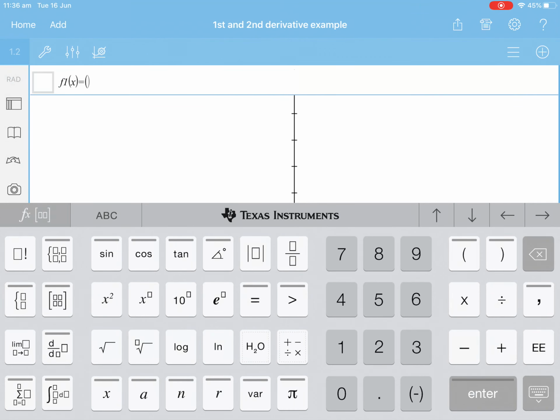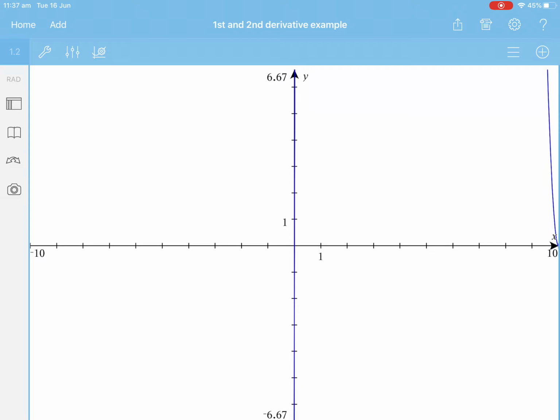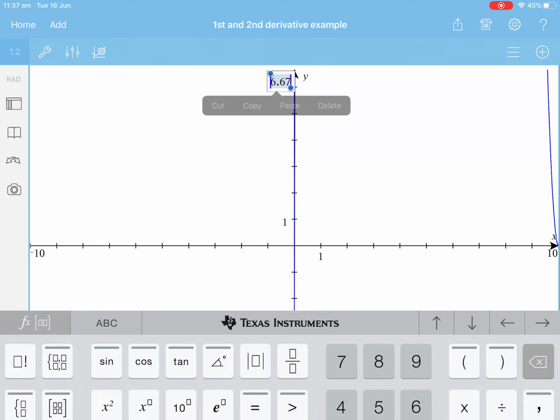So I get my equation 20 minus 2x, and I'm going to cheat this time and use squared next to that because we had 2 of them. Then I'm going to times it by x. If I draw that graph, pretty much can't see it. That's because I need to zoom in on this graph.